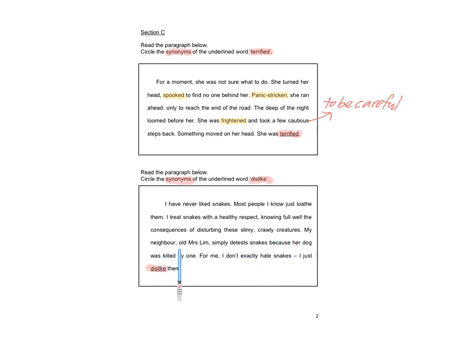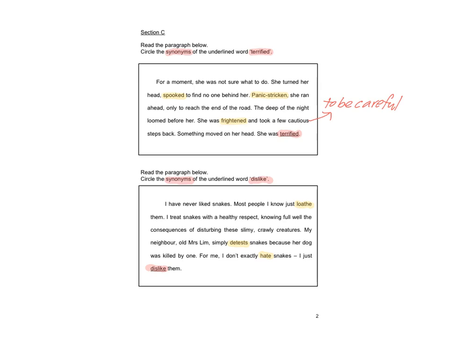My neighbor, old Mrs. Lim, simply detests snakes because her dog was killed by one. For me, I don't exactly hate snakes, I just dislike them. Now let's look for the synonyms. The first one would be loathe, next detests, finally hate.